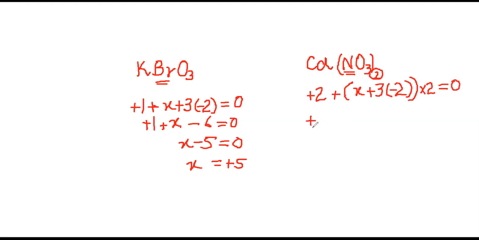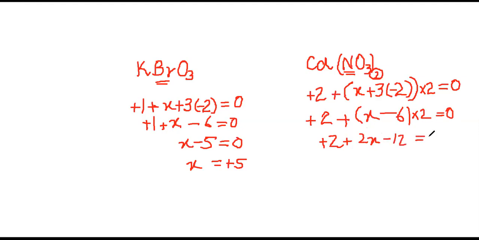So simple mathematical calculation: plus 2 plus X minus 6 multiplied by 2 equal to 0, plus 2 plus 2X minus 12 is equal to 0. 2X minus 10 is equal to 0. 2X is equal to 10 and X is equal to plus 5.